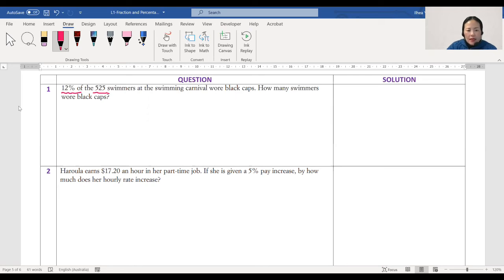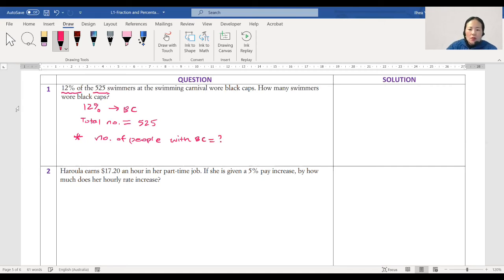So 12% of people were wearing black caps and the total number of people is 525 people. And this is the question, we need to know the number of people who are wearing a black cap. That's what we want to know.